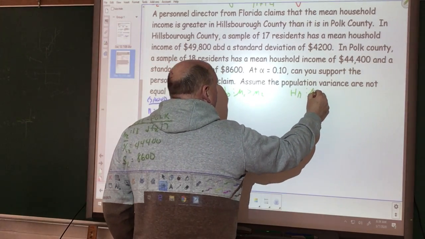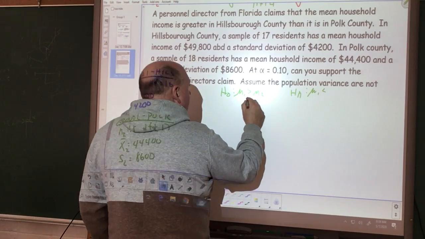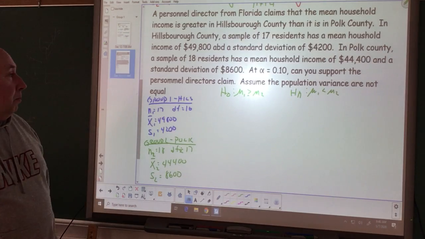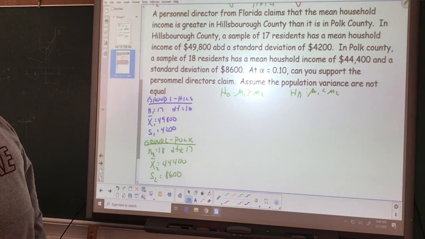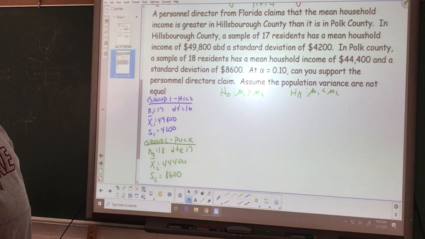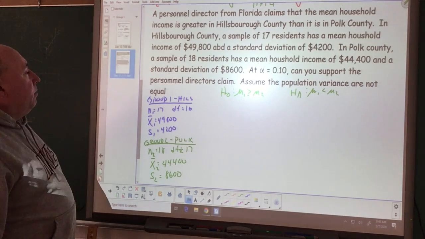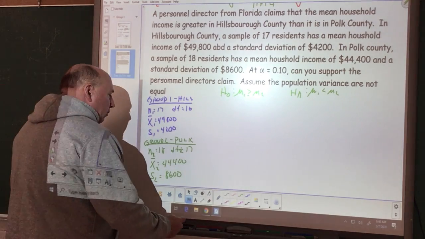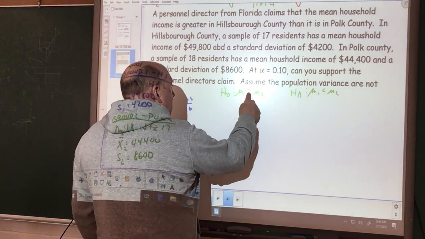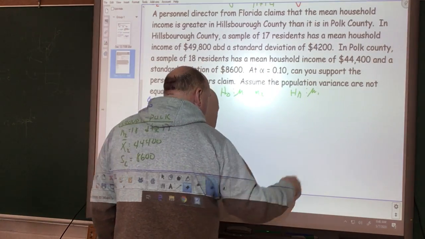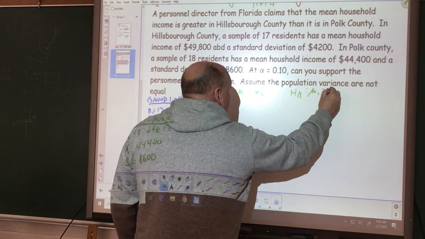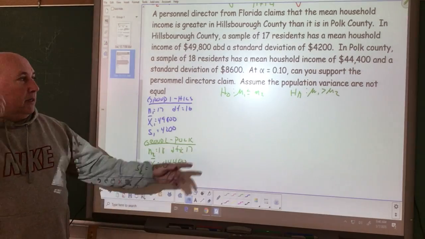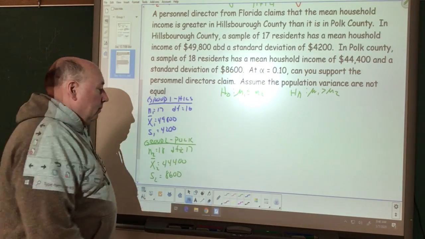That means the null is mu1 less than or equal to mu2. Let's change that around, mu1 minus mu2, because what we want to be true is the alternate hypothesis.